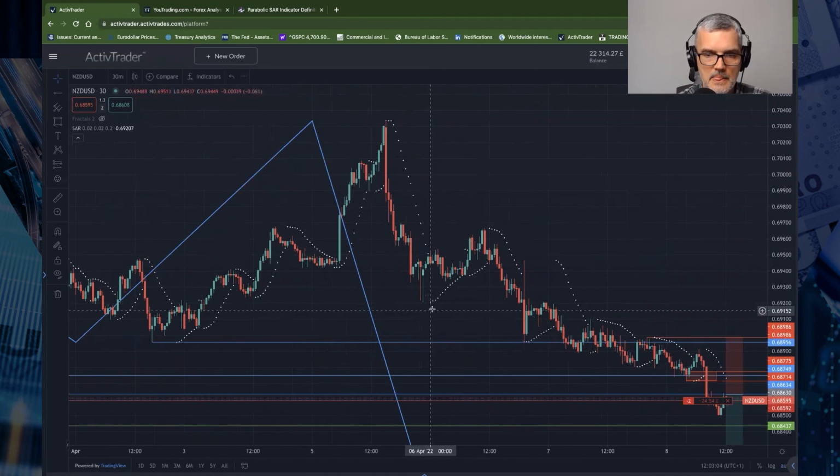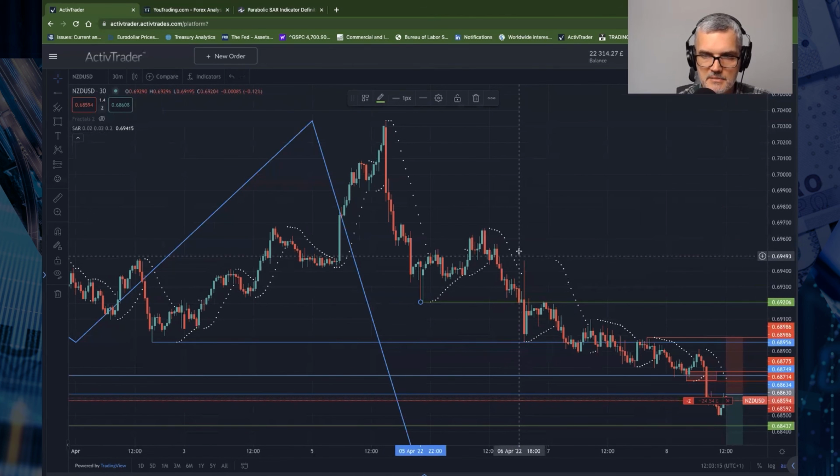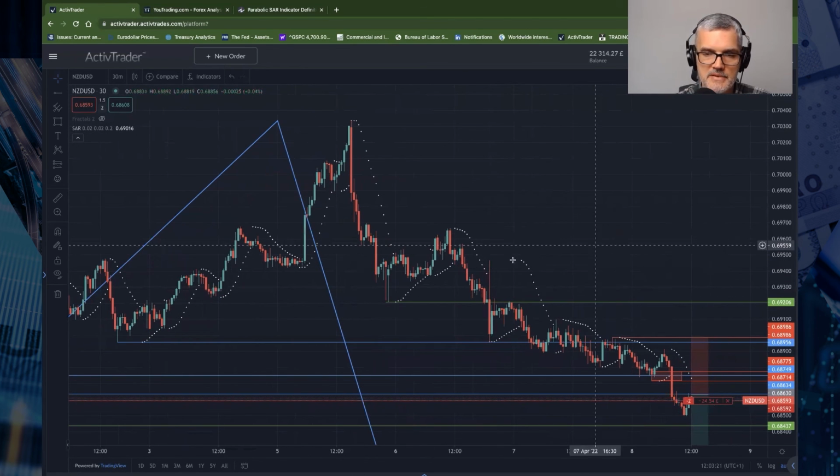On the 30-minute chart, we saw that this was a pullback. We saw that this broke down, saw that there was a change in market structure here. Then we had this big spike up on the FOMC. So if you'd already been waiting for a potential change in trend, seeing this candle on the FOMC might have given you reason to get in just on its own.